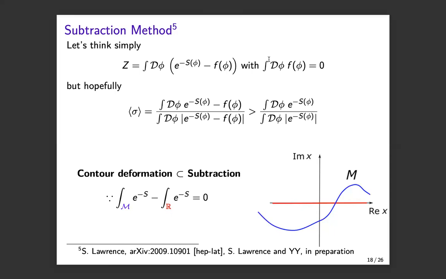So in here, e to the minus s on M minus e to the minus s on R is 0, meaning that this is one kind of subtraction function. And if you subtract this whole function from this, then of course you are left with this contour deformation. So this is a very simple generalized version of contour deformation.